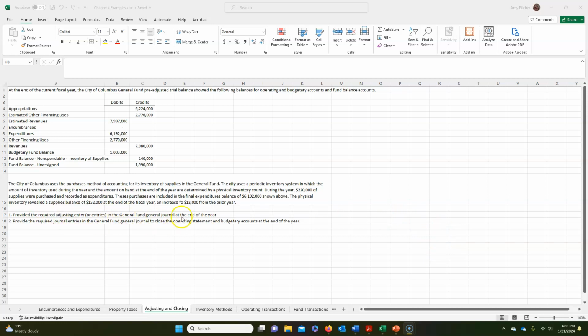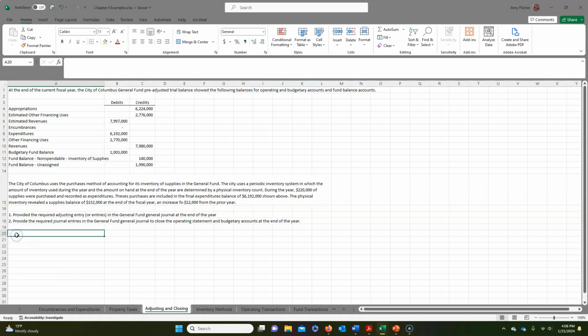So what we're going to look at is, one, we're going to do the required adjusting entry in the general fund ledger for the supplies. So we're going to record, in our general fund, we have inventory of supplies, and then we have our fund balance non-spendable inventory of supplies.